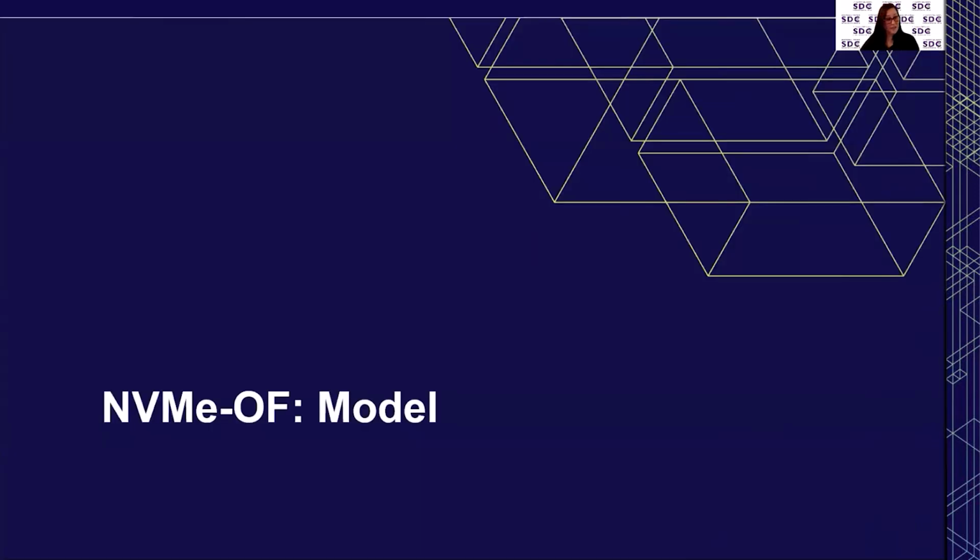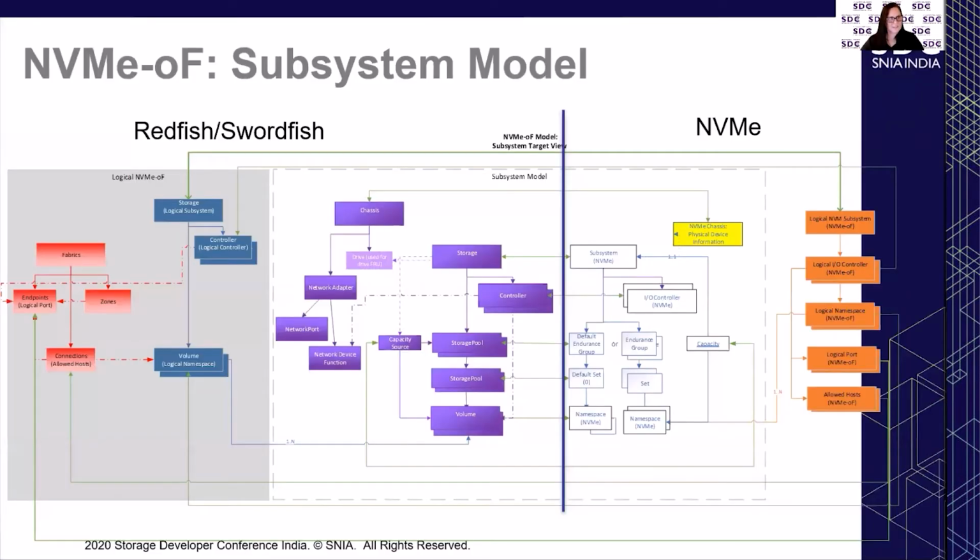All right. Switching over a little bit to talking about the NVMe-oF model. The fabric model is an entirely logical model that layers on top of the underlying NVMe subsystem model. For the purposes of this discussion, you could say, I see the underlying subsystem model, I'm going to ignore that and just focus on the pieces on the outside.